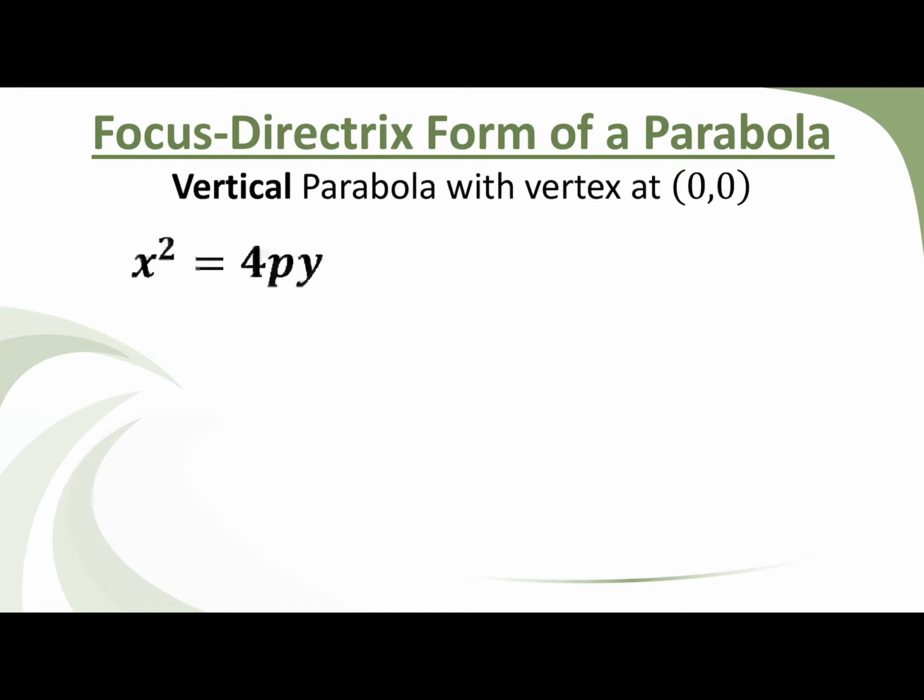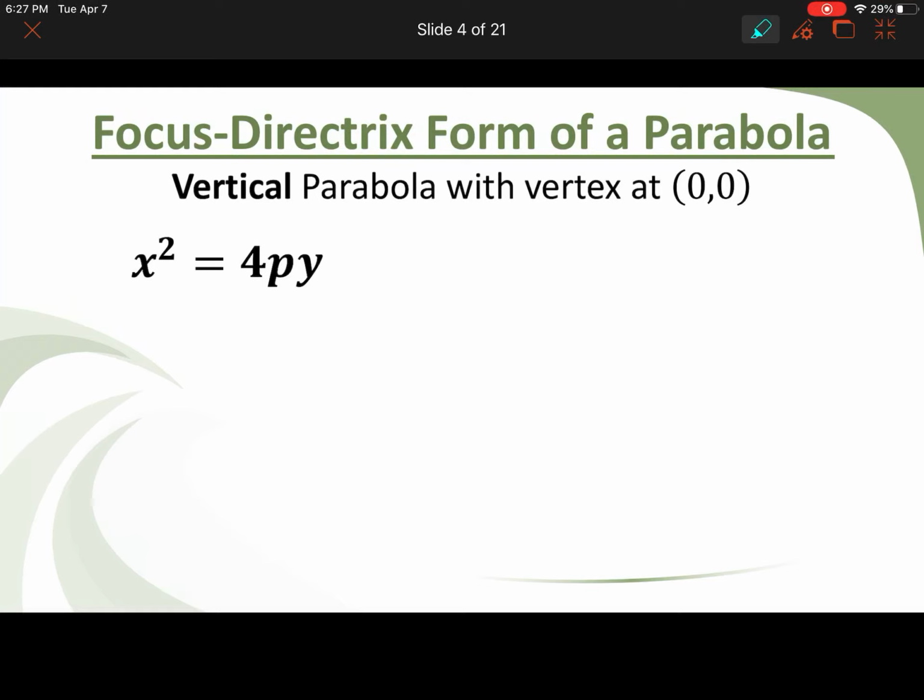So this is the equation that we're going to use: x squared equals 4py. See this x squared, you know what an x squared function is. It's opening up, right? If p is negative, then this would be a negative number over here, and that would mean it opens down.